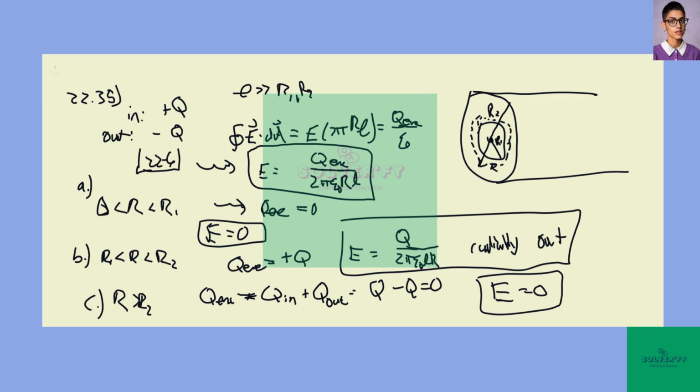Cool. And now part D, what is it saying? Part D asks, what is the kinetic energy of an electron if it moves between and concentric with the shells in a circular orbit of radius R1 plus R2 all over 2? Okay, so we should know that the force on an electron is given by the charge times the electric field.